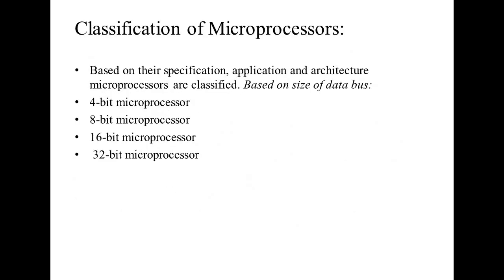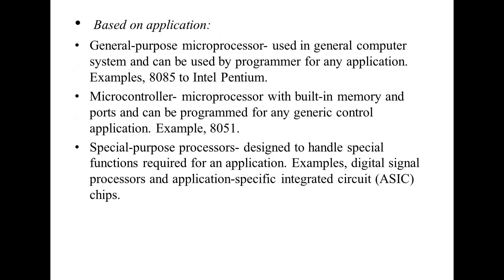Then we'll go with the classification of microprocessors. Microprocessors can be classified based on different categories: specification, application and architecture. Based on the size of the data bus, they can be classified as 4-bit, 8-bit, 16-bit and 32-bit microprocessors.